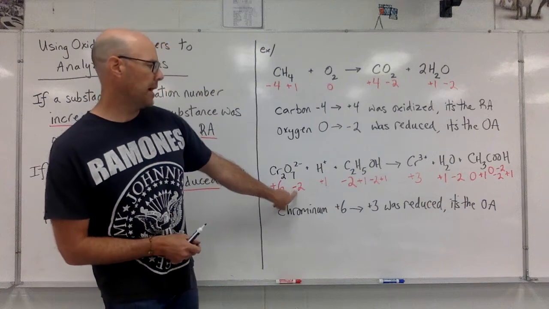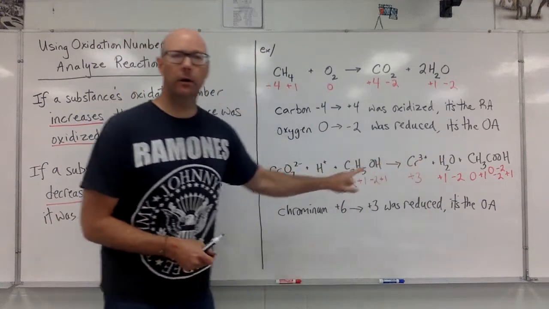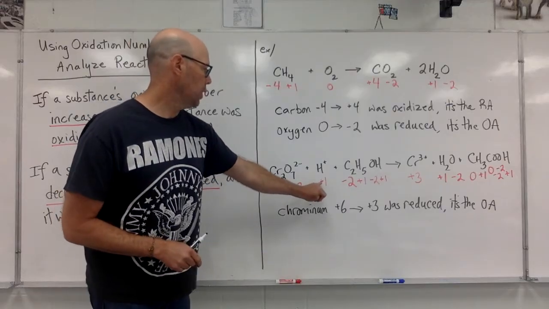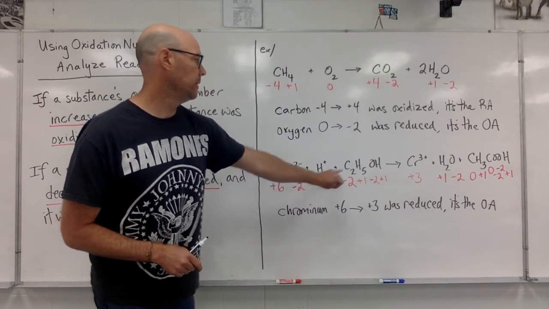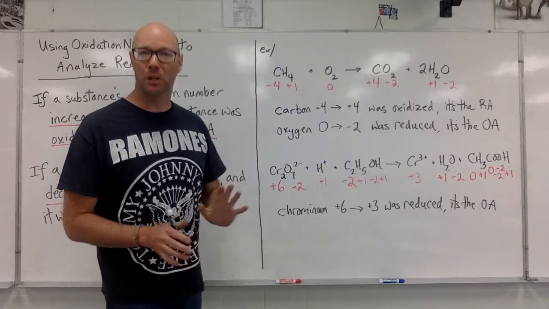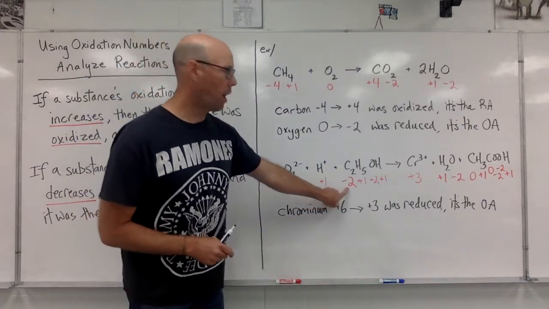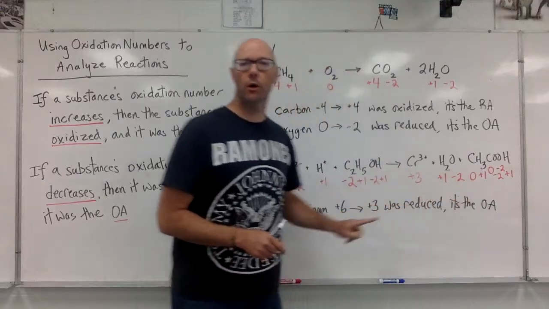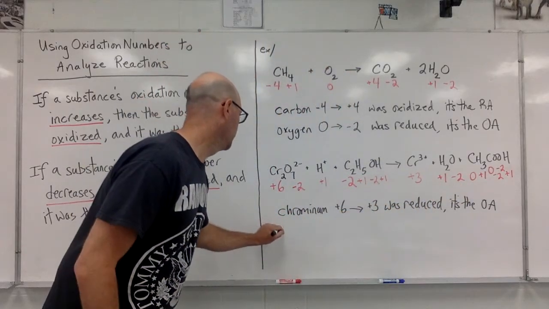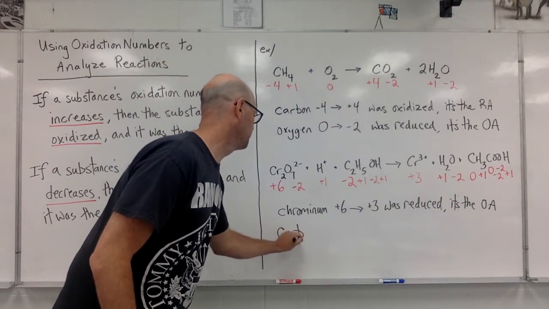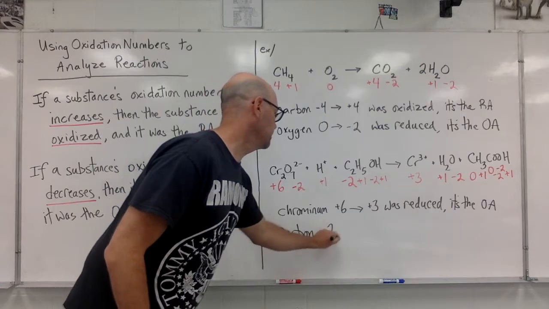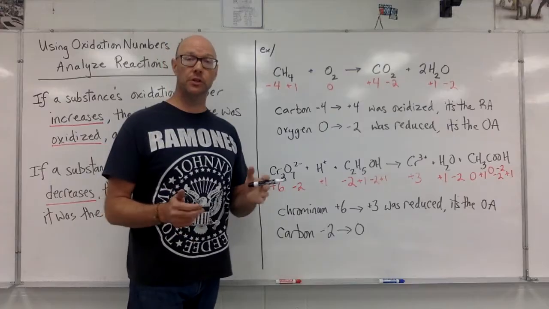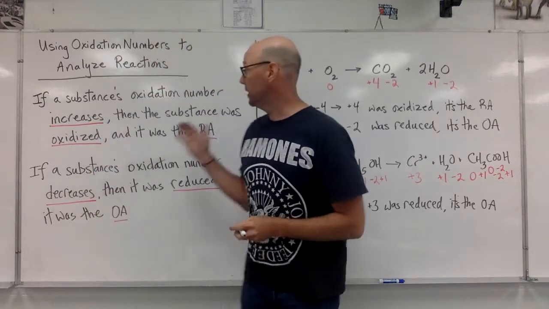The oxygen was -2 everywhere. Its oxidation number did not change. The hydrogen was +1 everywhere as well. Look what happened with the carbon though. The carbon was -2 and then it was 0 afterwards. From -2 to 0, that's going up. That's an increase.